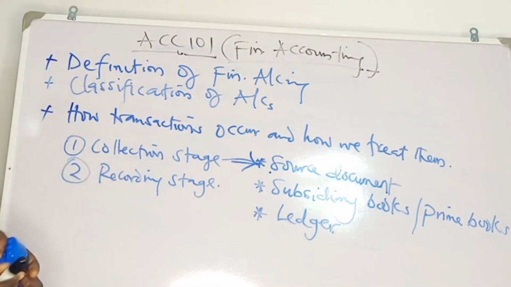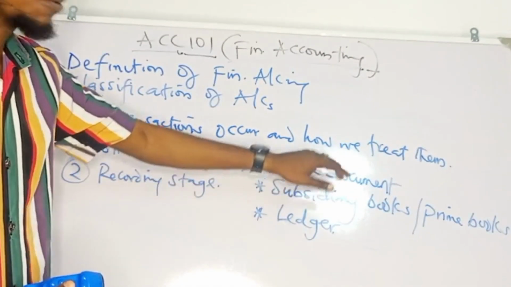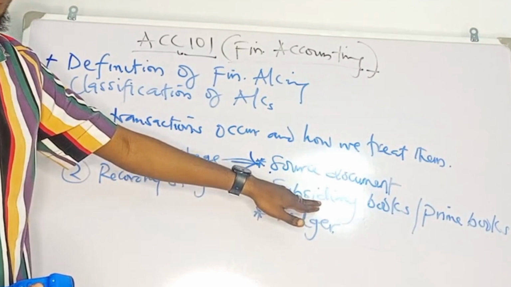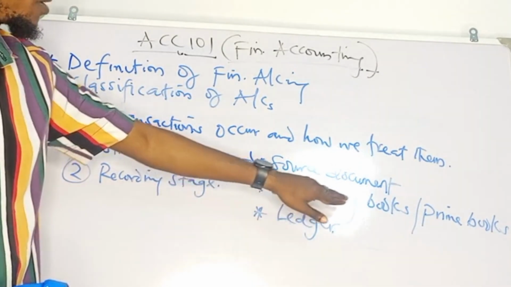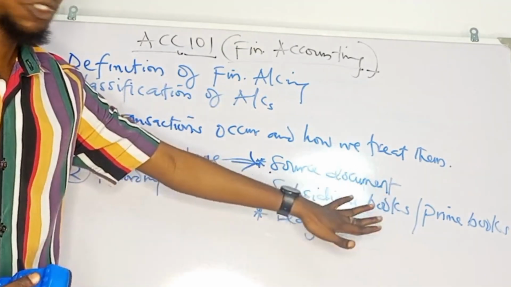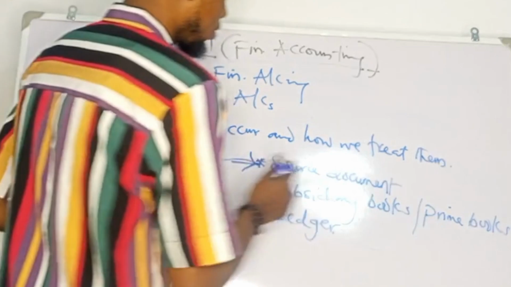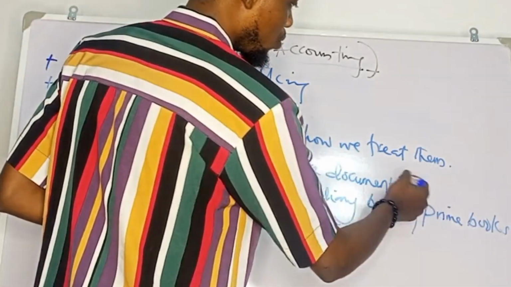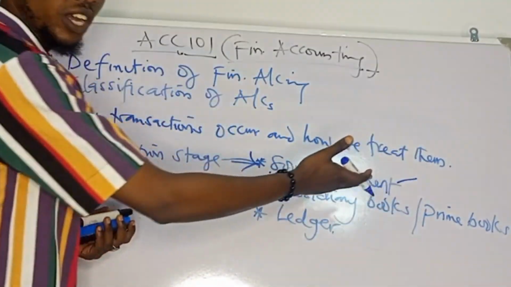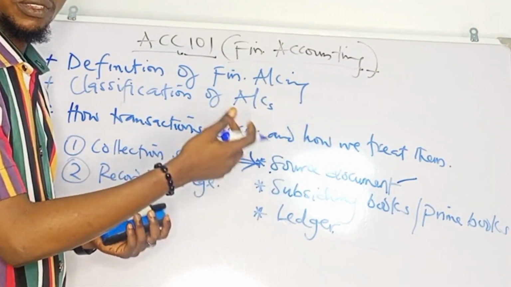Then from the source document, they are now taken to their various books. Do you get it? I've given you examples of this source document already. I gave you the vouchers, the bills, receipts, debit notes, credit notes.